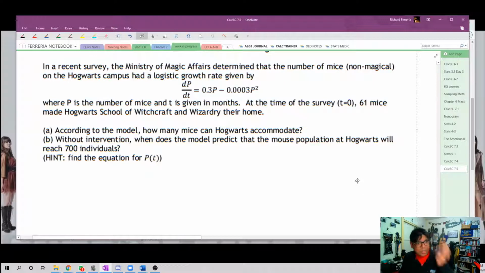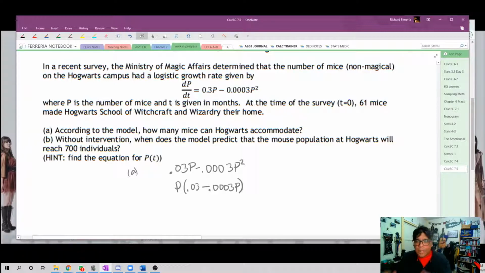So this is the similar trick to how we did this on our last calculus trainer. We first factor out P, and then we factor out our coefficient of P inside the parentheses. So we're going to factor out 0.0003.